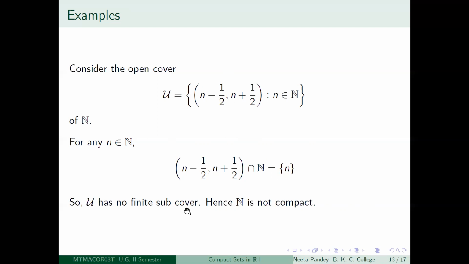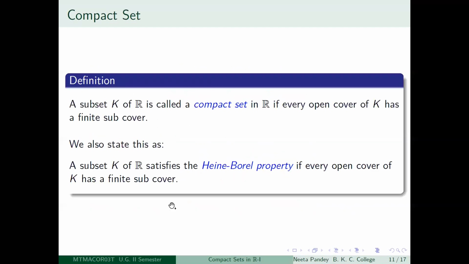Now, what was our definition of compact set? The definition was that every open cover of capital K should have a finite subcover. So if you can find even one open cover of capital K which does not have a finite subcover, then K will not be compact.